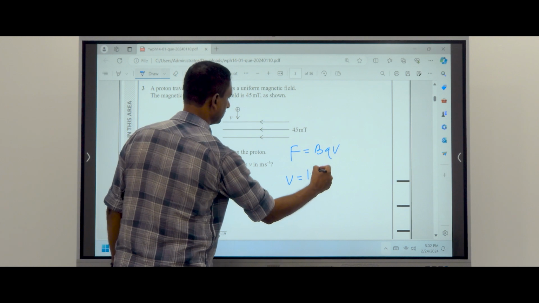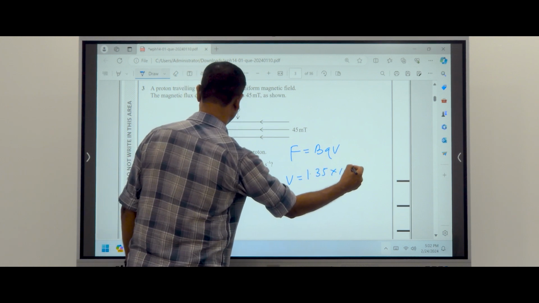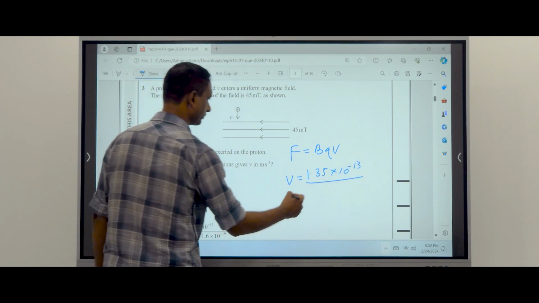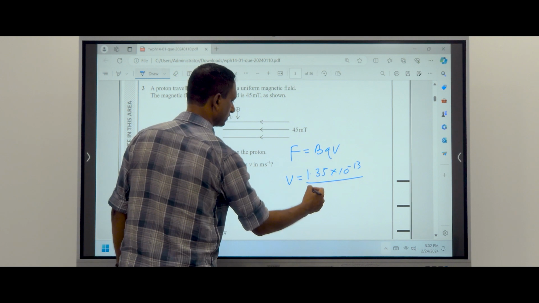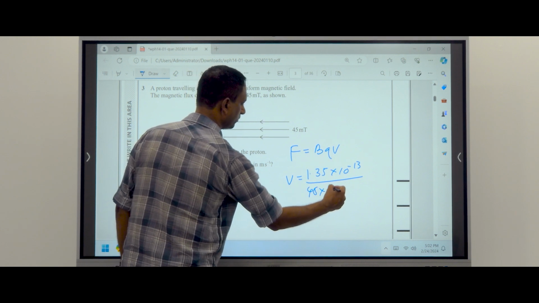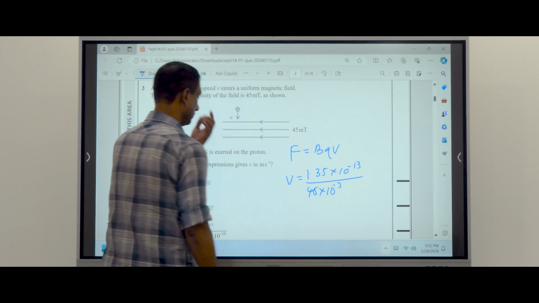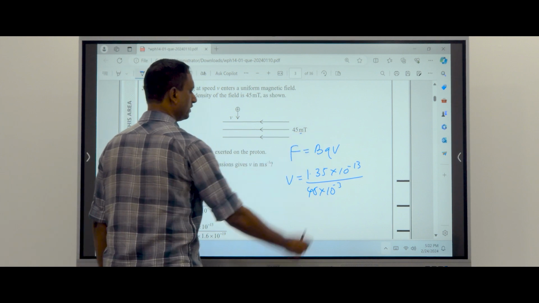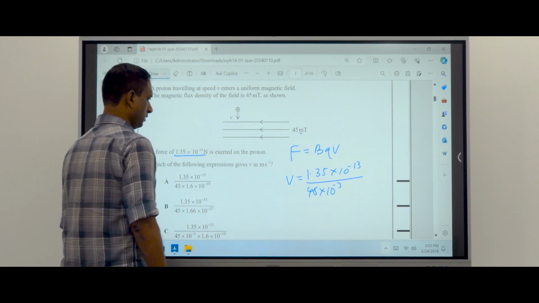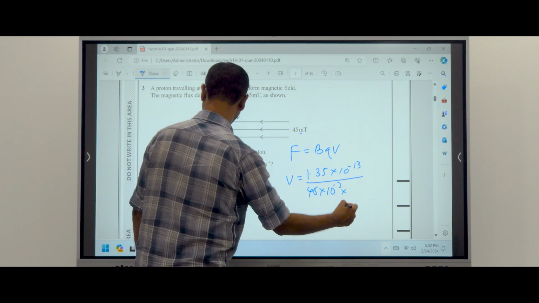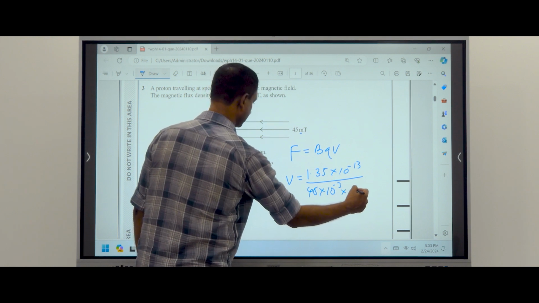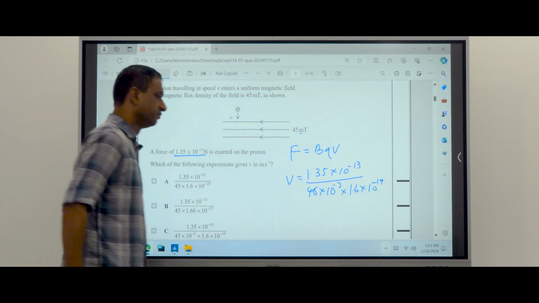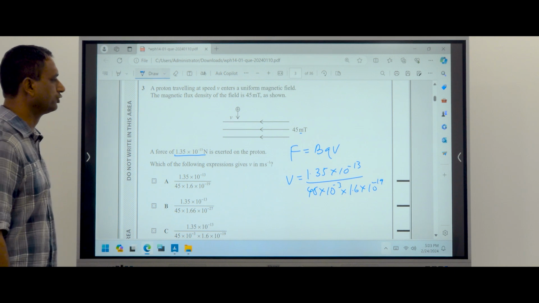Force is 1.35 times 10 to the power of minus 13, divided by B, 45 times 10 to the power of minus 3, because millitesla should be converted to Tesla, multiplied by 1.6 times 10 to the power of minus 19. This is the charge of a proton.